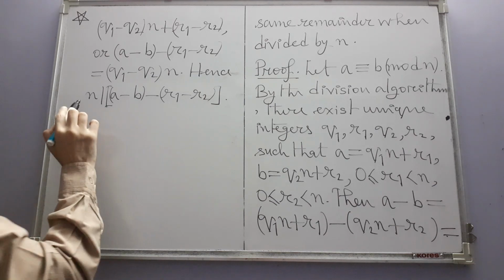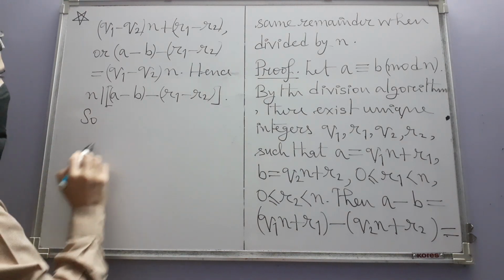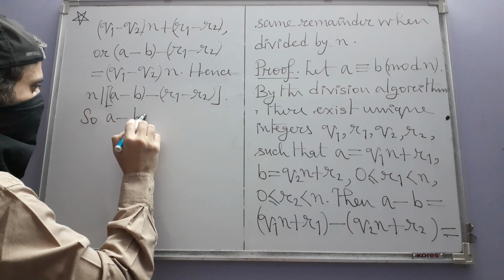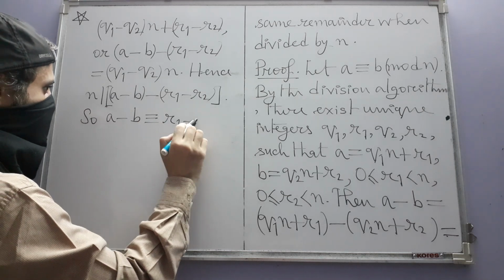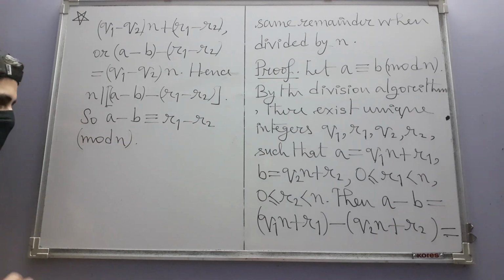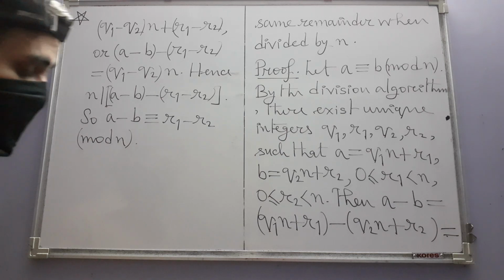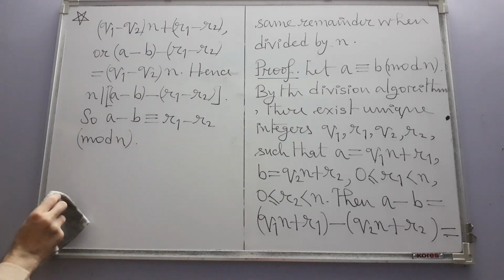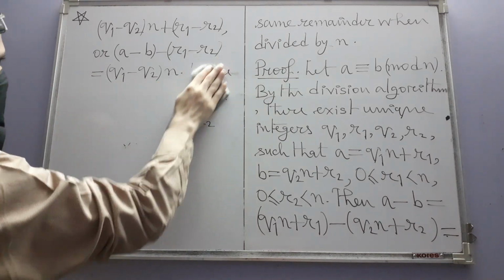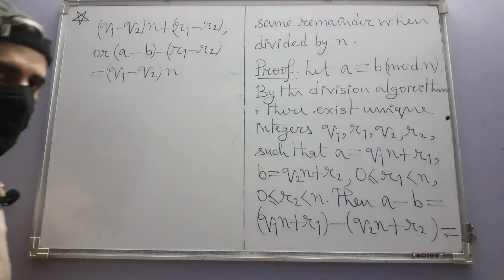Okay. So, A minus B is congruent to R1 minus R2 mod n by the definition of congruence. All right. However, let me just change this a little bit. Instead of writing these things, I stop here and note what is given.